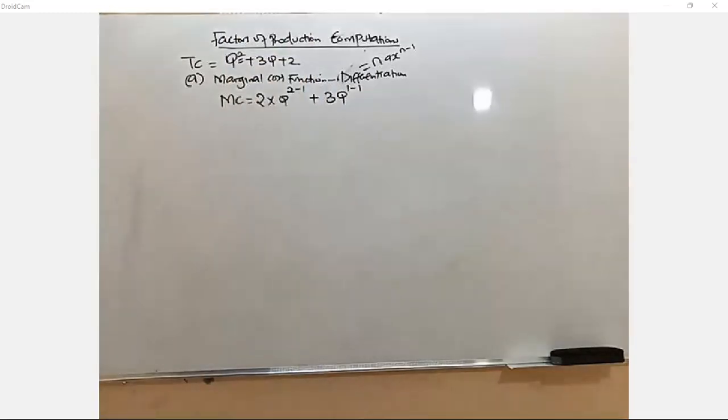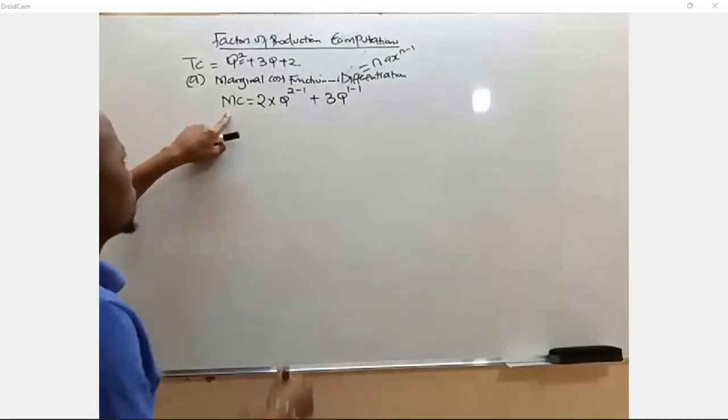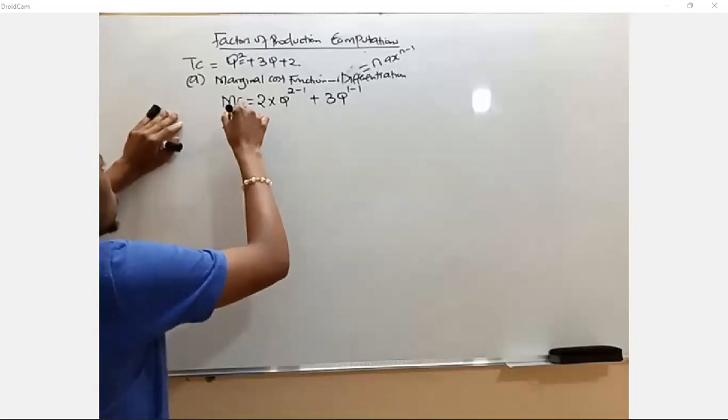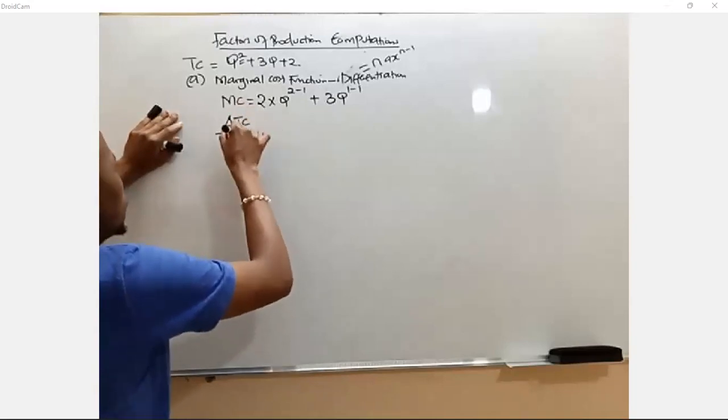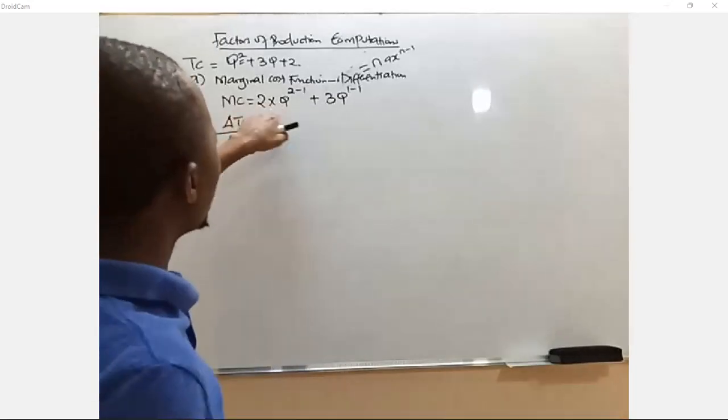Now, to get the marginal cost, you have just said, let us take the change of the total cost over the change of q, which will be, now, what is the answer for this?